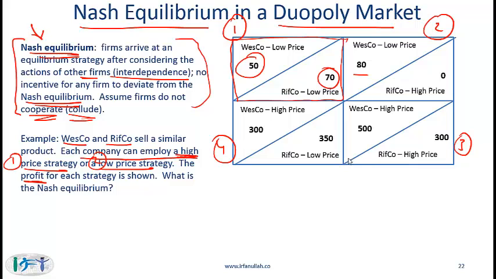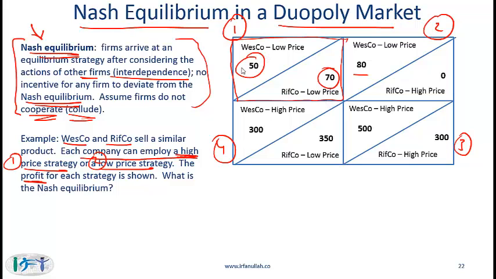At any given point in time, we can only be in one of these boxes. It's not possible that we say that for Wesco we are in this box and for Rifco we are in this box. That would not be possible. At one point in time we are in only one box. Now, if you are working as a group, here is what I would suggest. You split into two subgroups.